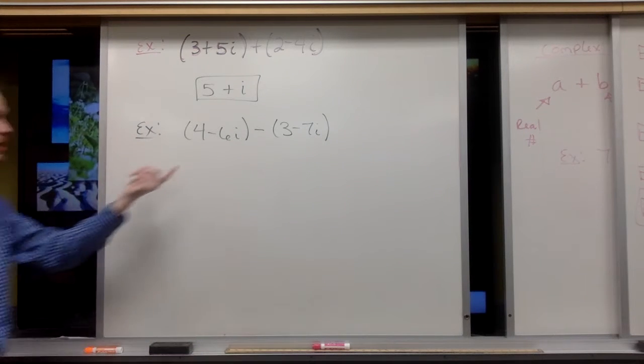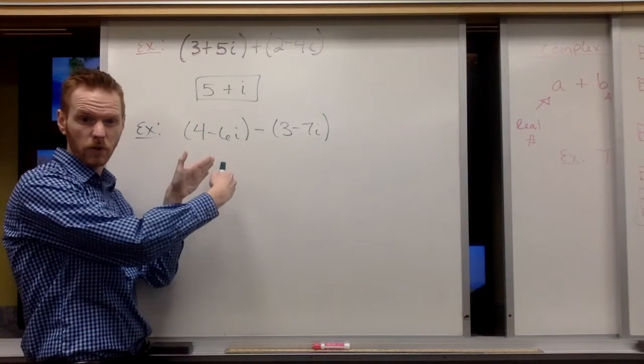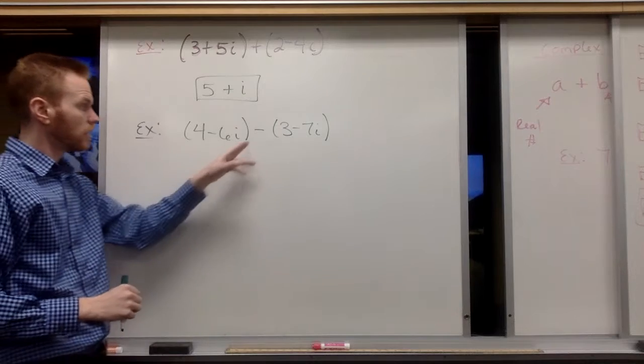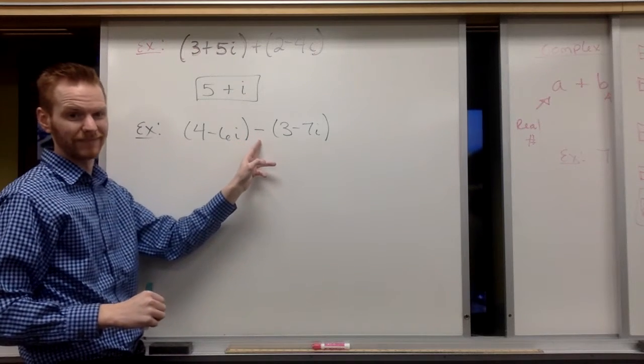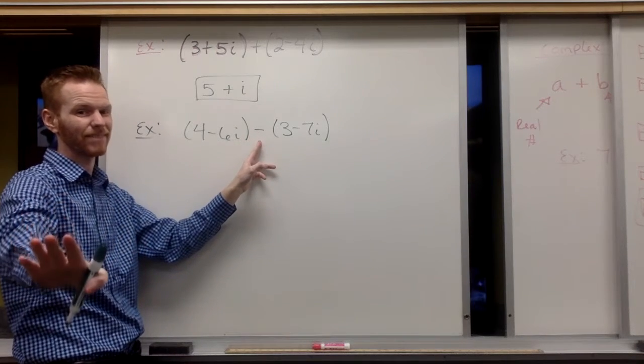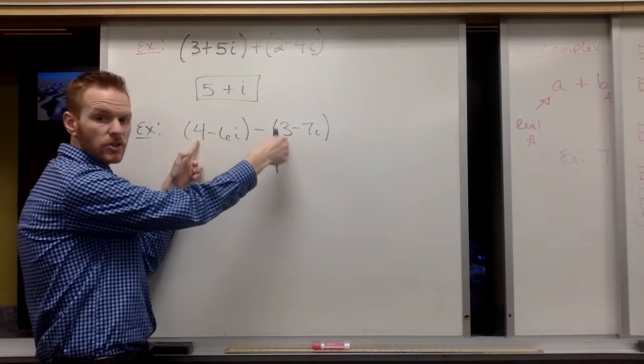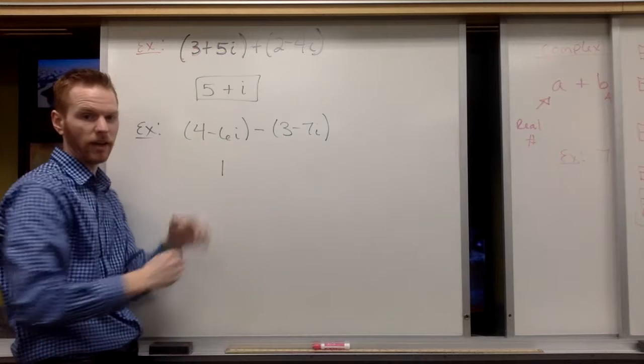Once again, the parentheses are only there to emphasize that this is the first complex number, this is the second complex number. Be careful. Negatives are a killer in this section, okay? First part, the real. 4 minus 3 is 1.